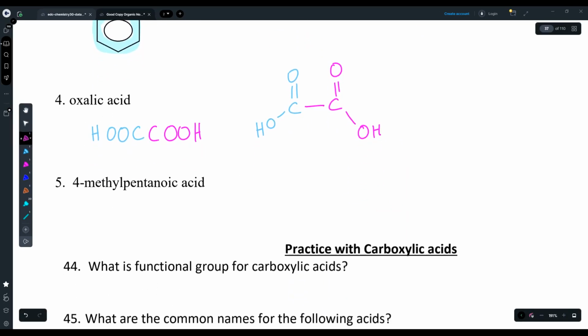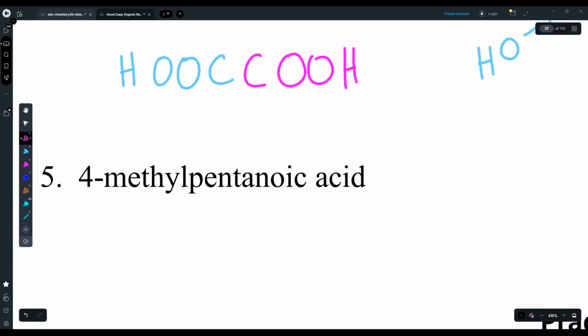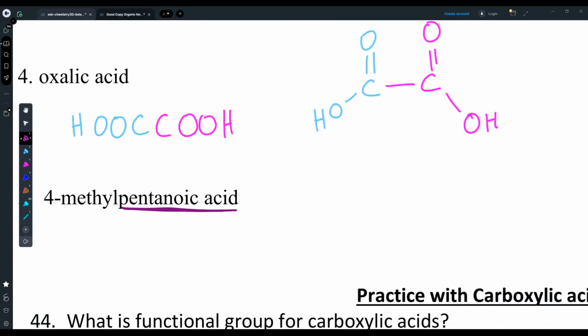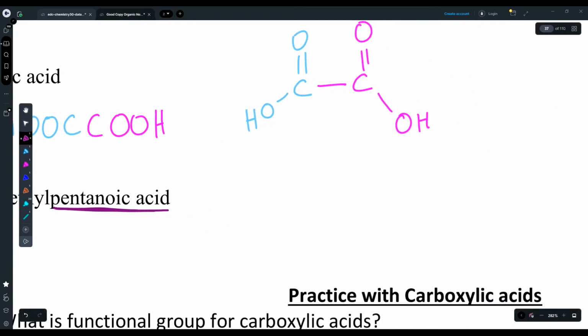Now for the last one, 4-methylpentanoic acid, how we would do this is I like to start with the parent chain, so that's the last half of the name. Pentanoic acid means that there's 5 carbons in the parent chain, with the carbon at the base of the carboxylic acid being carbon number 1.